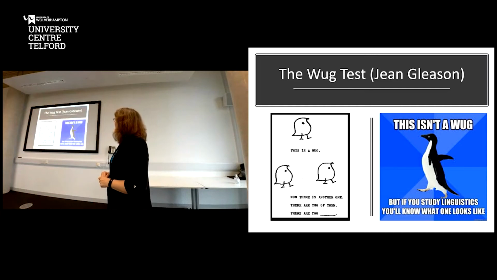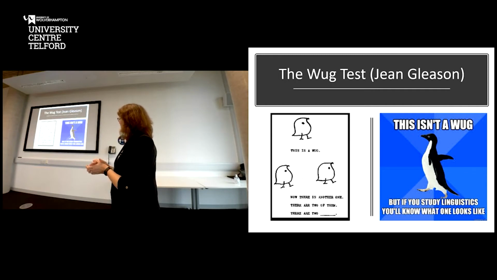One of the experiments that is often done to demonstrate that Chomsky's ideas are valid is something called the WUG test. And this was invented by Jean Gleason in the late 60s.